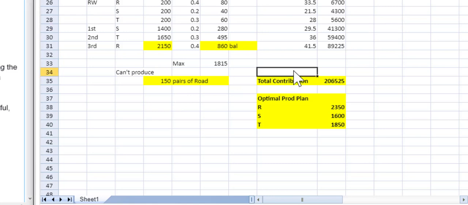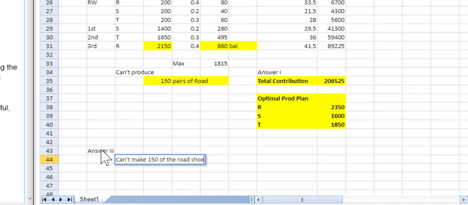So although this is the answer to part 1, the answer to part 2, which we're going to put down here, is they basically can't make 150 of the road shoe. So the loss is $8 per shoe due to the discount.